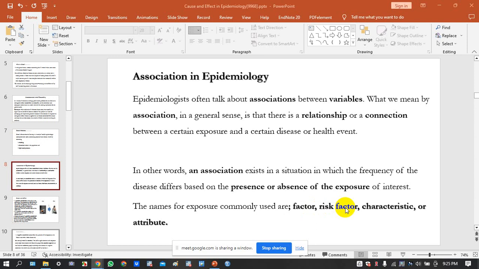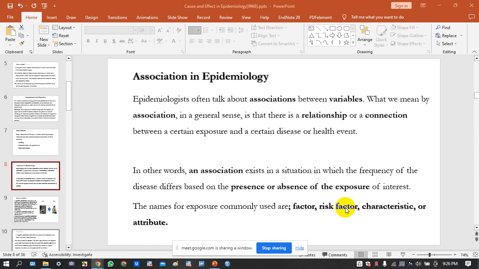For instance, if you are looking at people with diabetes, and you classify diabetes as fasting blood sugar above 7, so the diabetics have fasting blood sugar above 7, and those who do not have diabetes have fasting blood sugar less than 7.